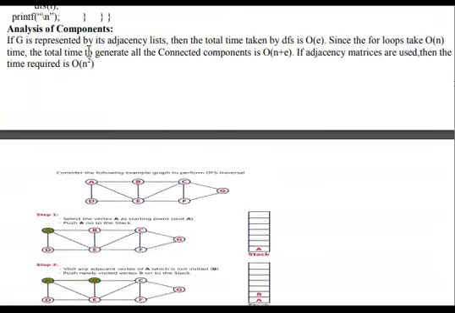For analysis of connected components, the total time taken by DFS is order of E, and the for loop takes order of N time, so the total time to generate all connected components is order of N plus E. If we use the adjacency matrix, the time required is order of N squared.